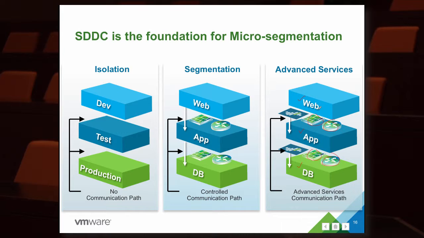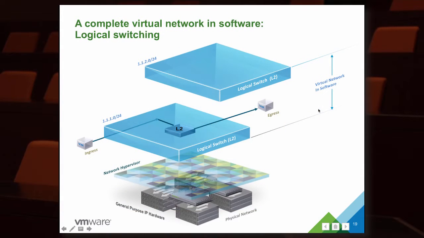This means that we're moving far away from just having no path of communication to having controlled and advanced paths of communication that are not only secured, but they're also highly flexible and highly repeatable. So what starts this journey with microsegmentation?